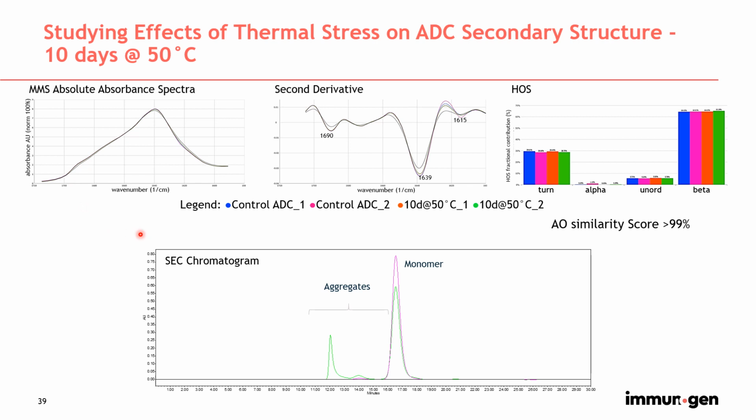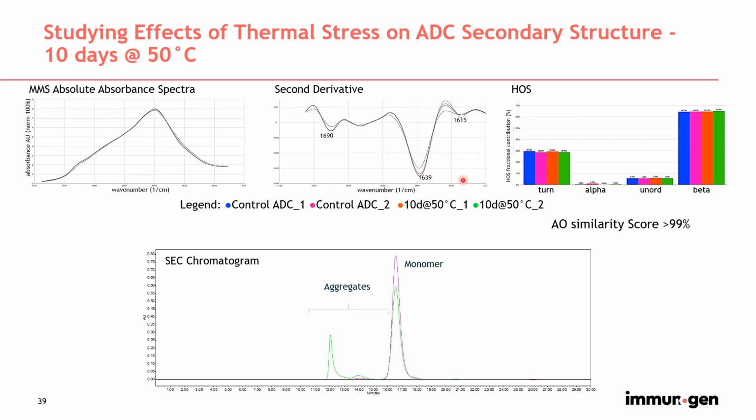Although from the SEC it was evident that 20 to 25% of the ADC had already aggregated, that did not reflect in the higher order structure as studied by the fractional contributions of the different elements towards the secondary structure. As can be seen between the control and the stressed ADC, the levels of the beta sheet, the beta turns, the alpha helix, and the unordered structures were pretty comparable. Also, the similarity score from an area of overlap calculated by the software was greater than 99% between the control and the stressed material.